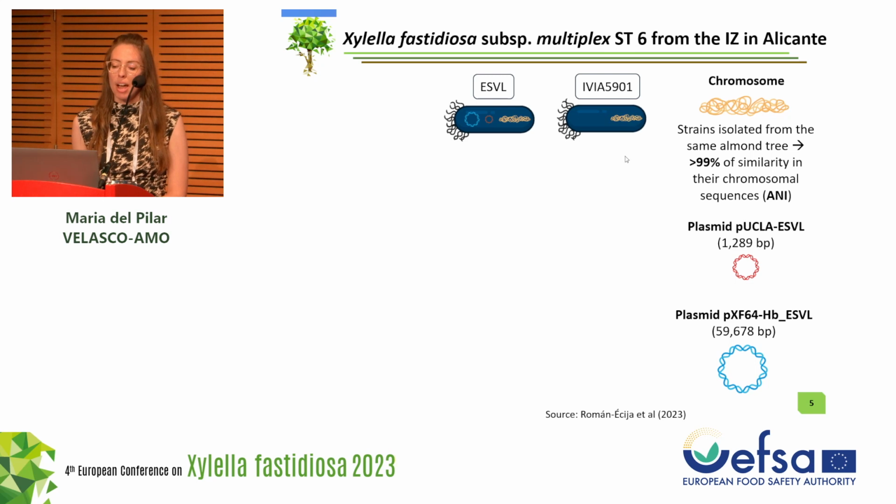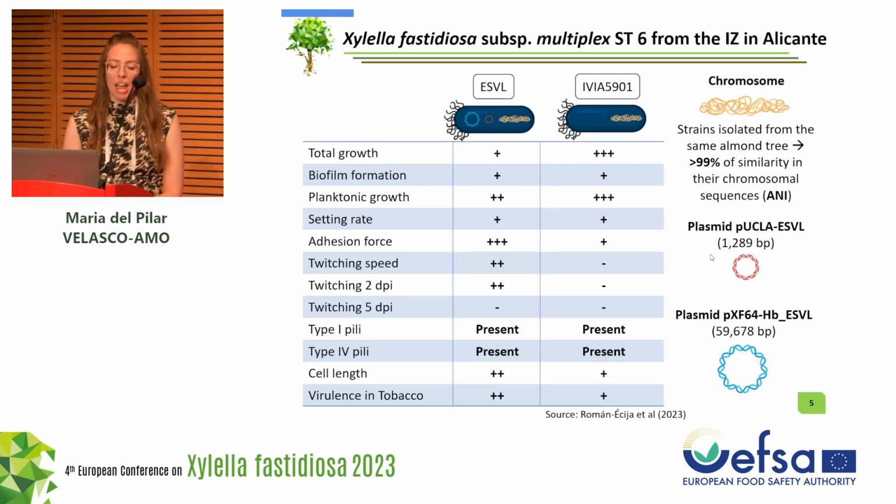So from now, I'm going to refer to the pUCLA-ESVL plasmid as the small plasmid, and to the pXF64 as the bigger plasmid. Also, this study revealed that they differed in the pathogenicity traits such as adhesion force and twitching.